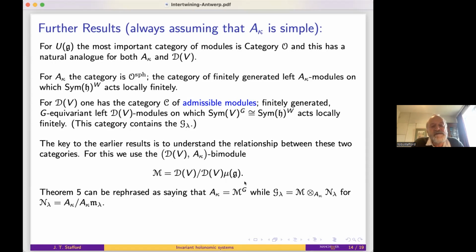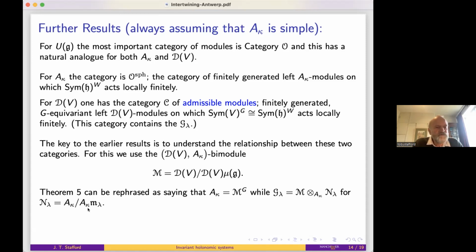And that can just be condensed into the statement that A kappa is nothing more than the G invariants of M. And again, we can rewrite our Harish-Chandra module, G lambda, by saying we're going to take this module here, and under the right action of A kappa, we tensor with A kappa mod A kappa times M lambda.